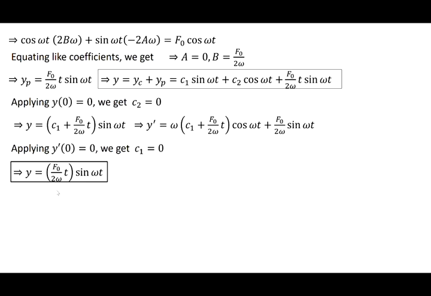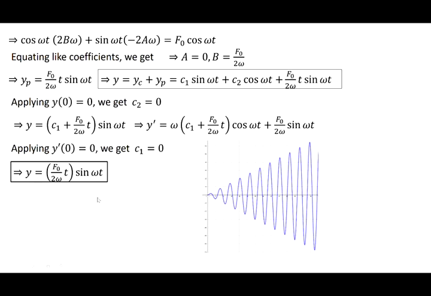Did I tell you that in the Tacoma Narrows Bridge, first it started to sway slowly, and with time it just kept increasing and increasing and increasing. Finally got to a point where it collapsed. That's exactly what we're talking about. Amplitude increasing with time. If you plot this, this is how the graph looks.